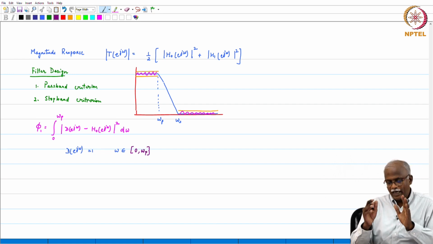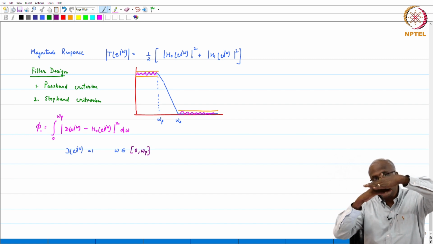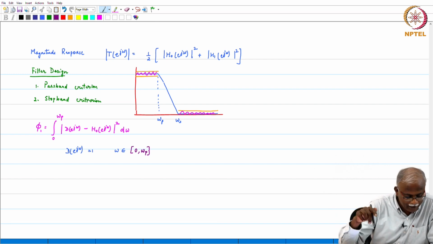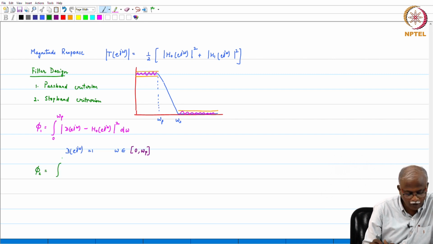So this is basically how much deviation we are seeing from the ideal passband gain of 1. Then we have a second constraint on the stopband performance. This corresponds to computing the total energy in the stopband.